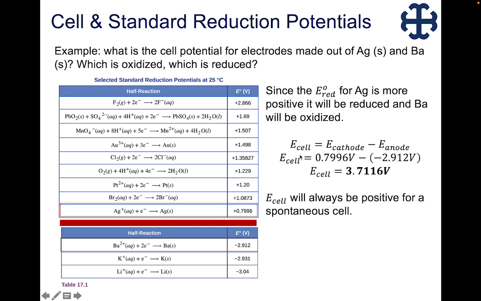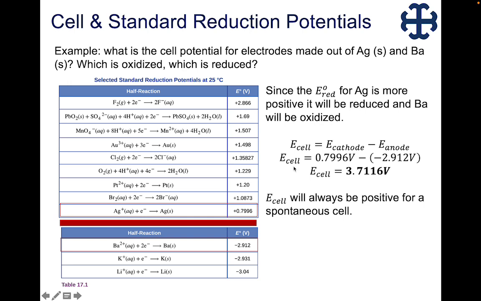And the easiest way to calculate this, in my mind, is to do E cell is the reduction potential at our cathode minus the reduction potential at our anode. So when you do this method, you don't have to change any of these values in the table. You'll notice I plugged in this 0.7996 and I plugged in this minus 2.912, and I just subtract them.